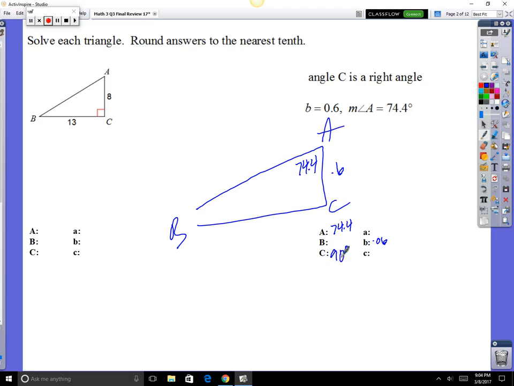And okay, so they give us three features. Angle B is piece of cake. Just do 90 minus 74.4, and you got 15.6. 15.6, 90.